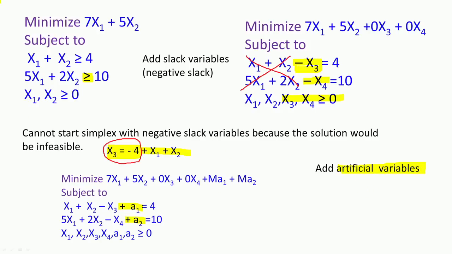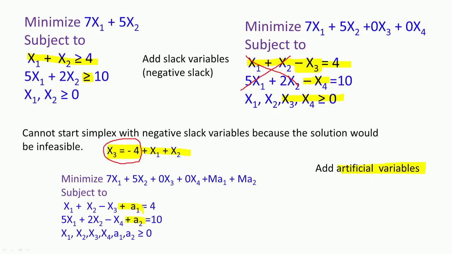In a way, the slack variables belong to the problem because if the problem has this inequality, and I write this inequality as an equation, then automatically the slack variable comes. So, it is part of the problem. These artificial variables are not part of the problem. They are introduced only for the purpose of starting the simplex table.